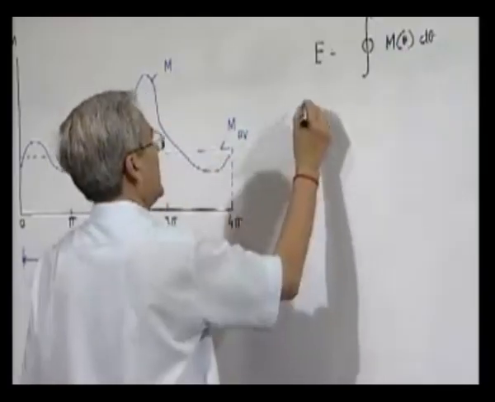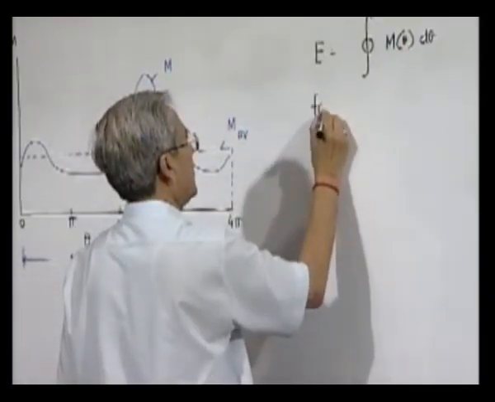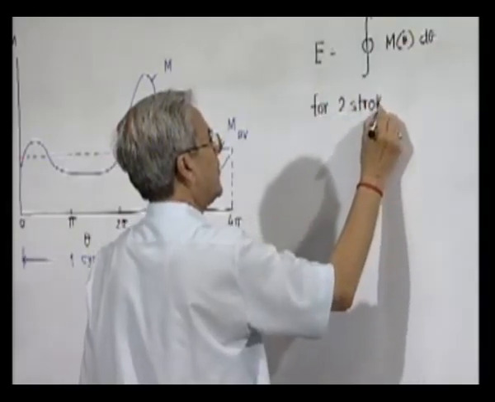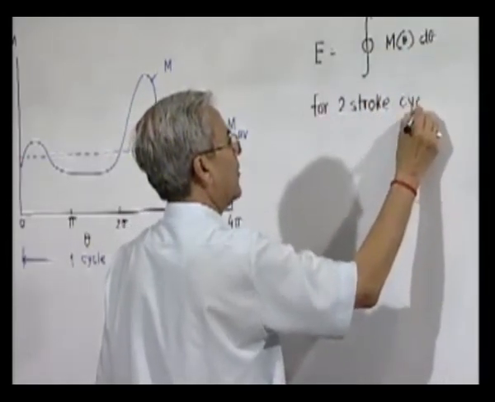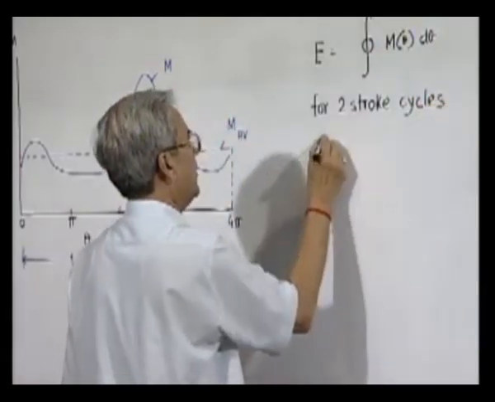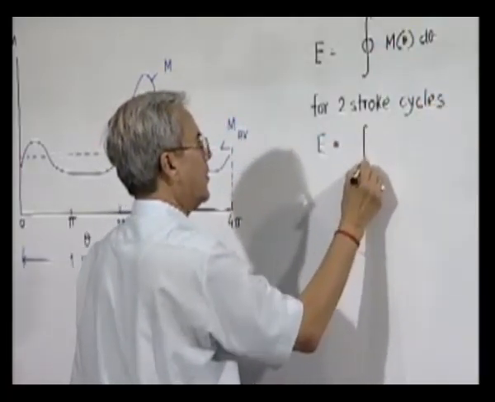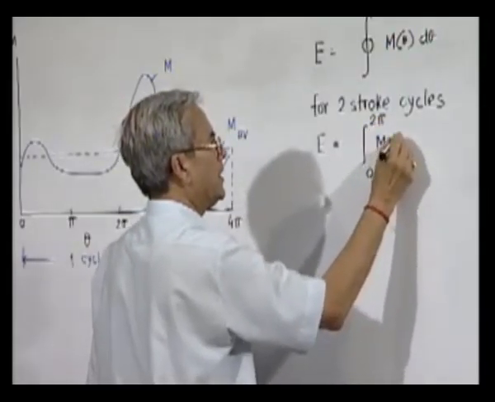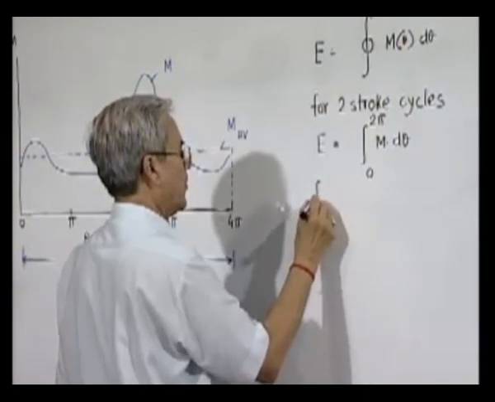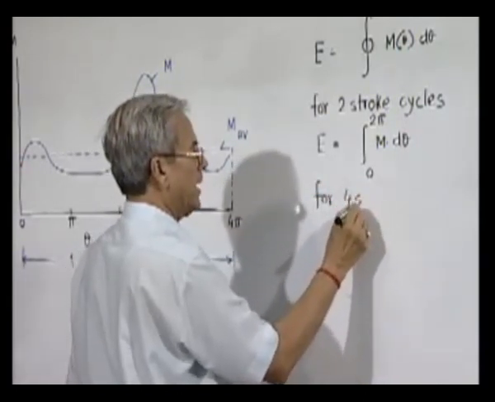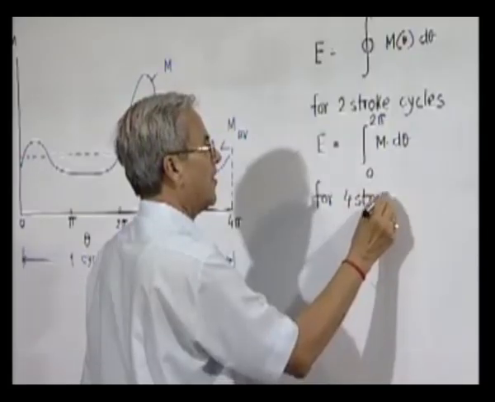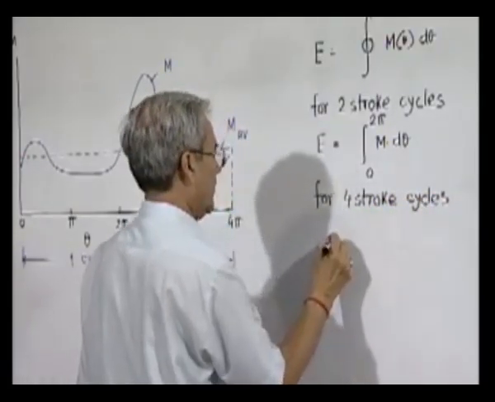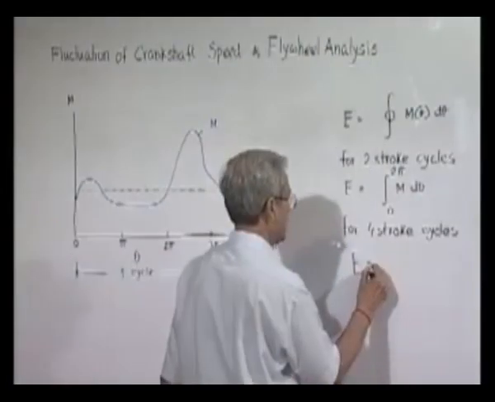So therefore, in the whole cycle, the total amount of energy which is generated can be written as, in this particular case, for a 2-stroke cycle, E will be equal to the integral from 0 to 2 pi of M d theta, and for a 4-stroke cycle engine, energy will be the integral from 0 to 4 pi.